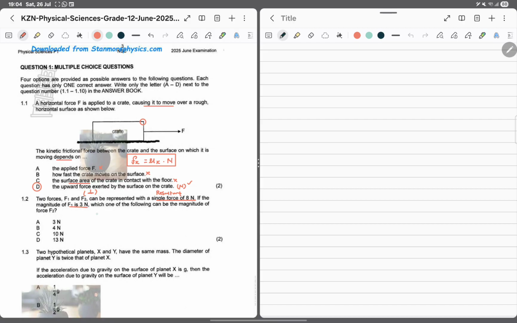So we need two scenarios, guys. We need the minimum resultant, as well as the maximum resultant. Okay, minimum happens when the two forces oppose each other.